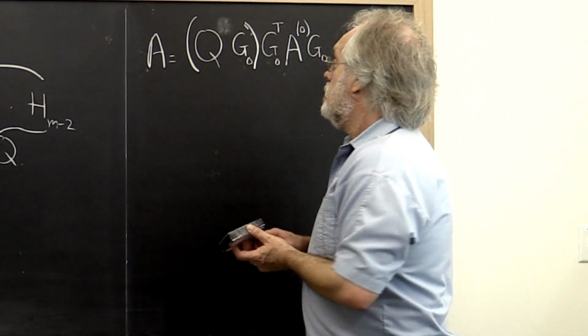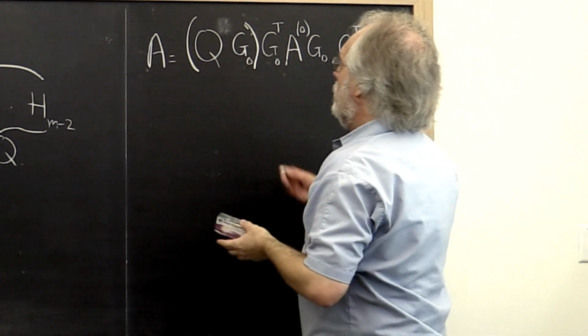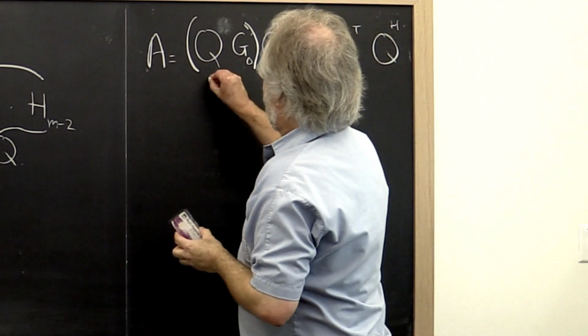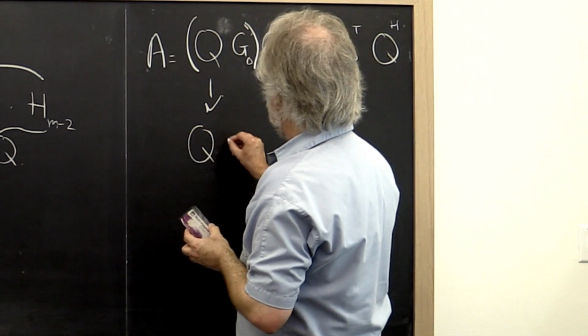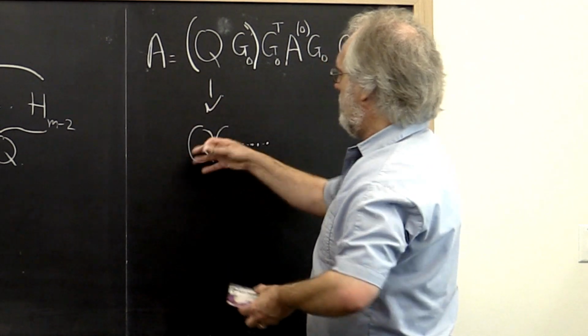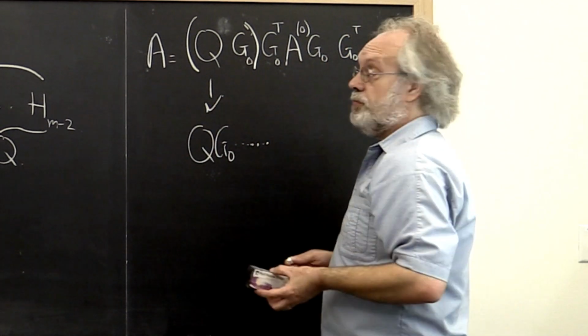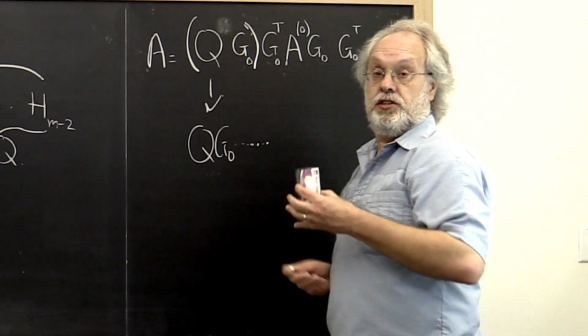Once we're completely done, eventually we will have come up with some updated Q that has been hit by a whole bunch of Givens rotations, many from each iteration of the implicitly shifted QR algorithm, and then many from the fact that you do many such iterations.